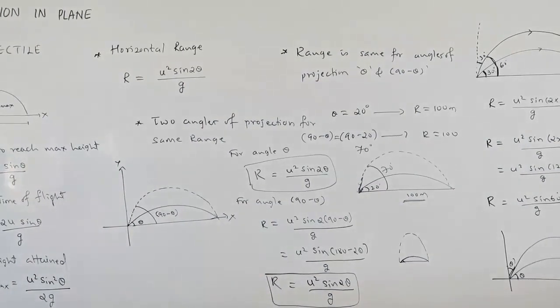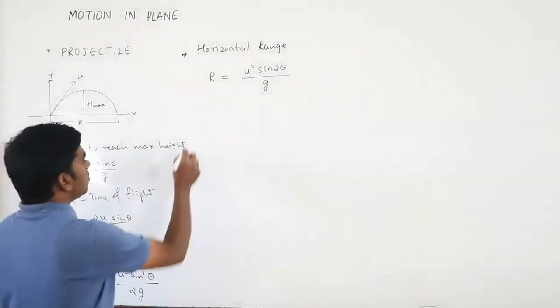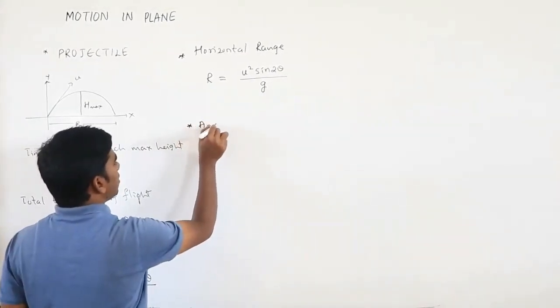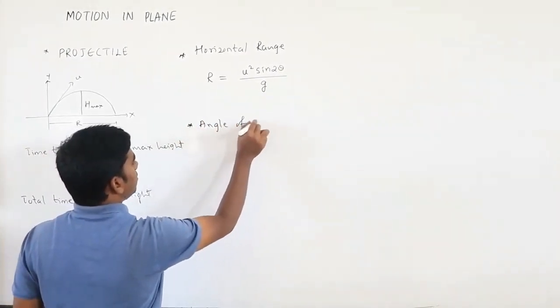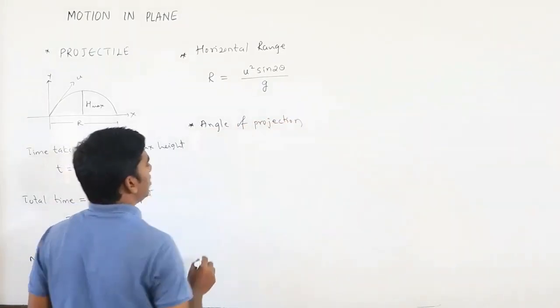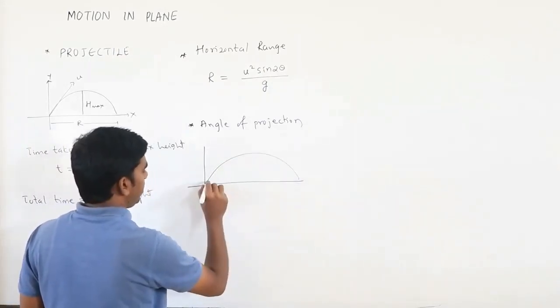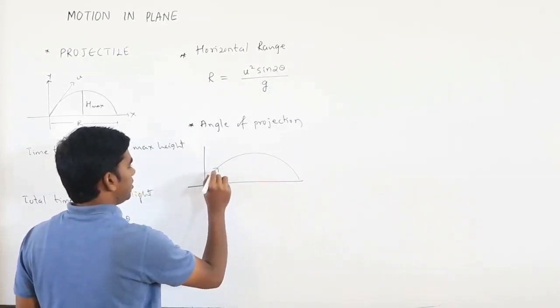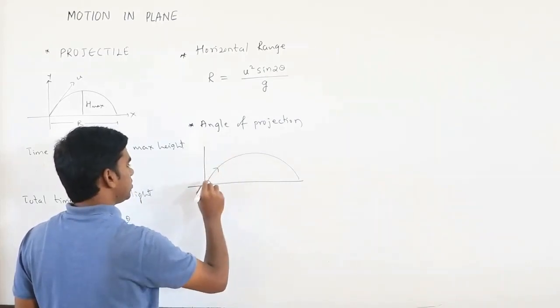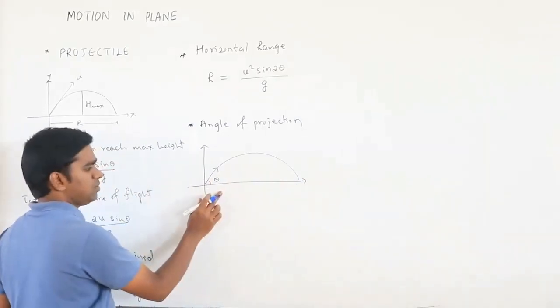Along with all these three, let me add one more: angle of projection. Sometimes they may ask the definition of angle of projection. So what is the angle of projection? The angle made by the projectile, with vertical or with horizontal?